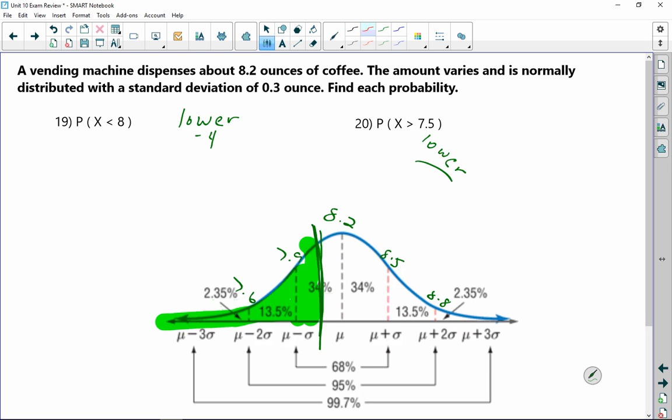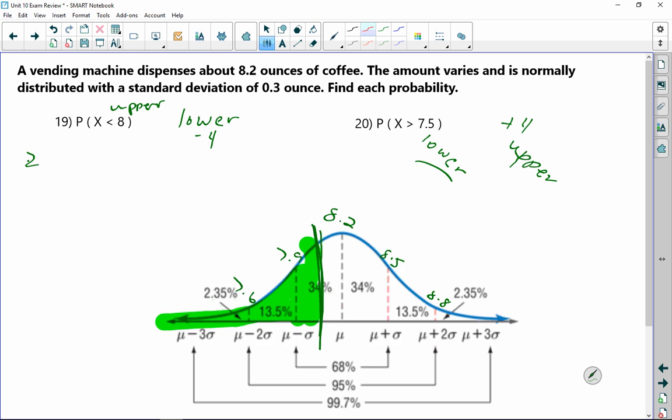Okay, so now what would my upper be on that side? +4. Okay, +4 would be my upper. This is my upper over here. That's this line right here.